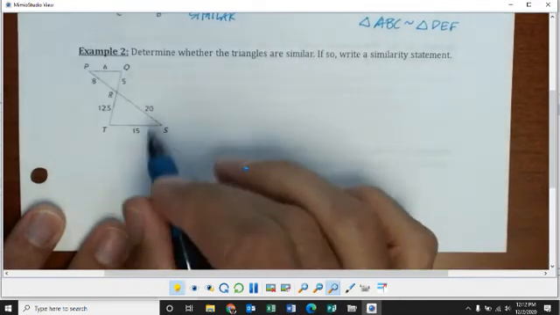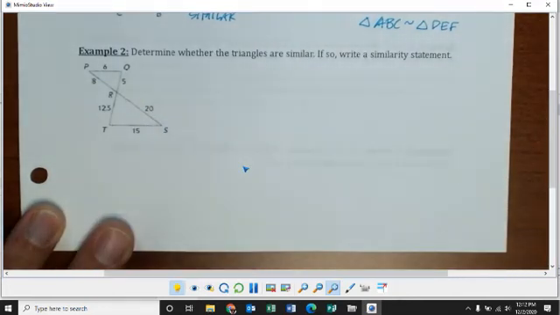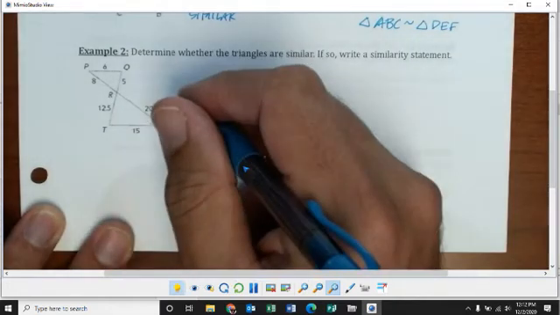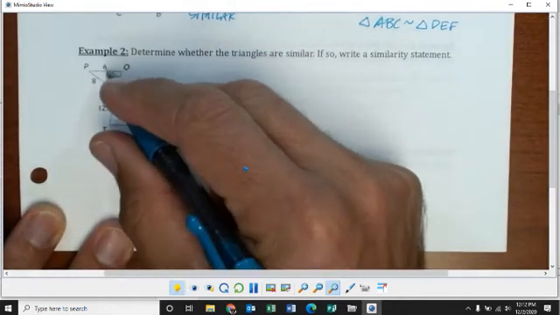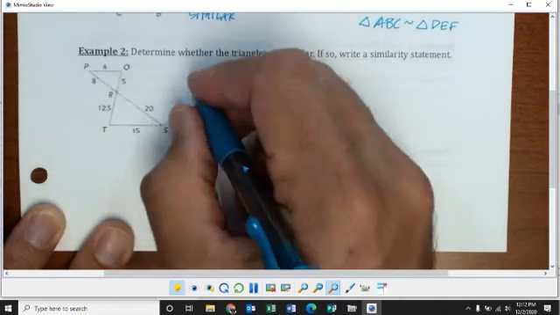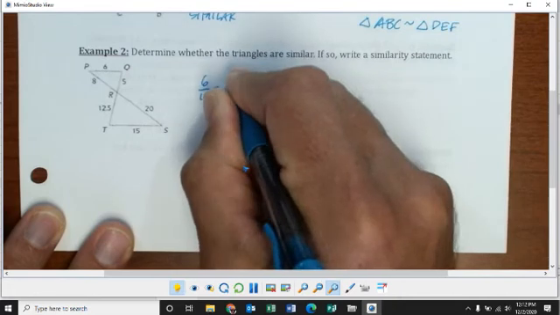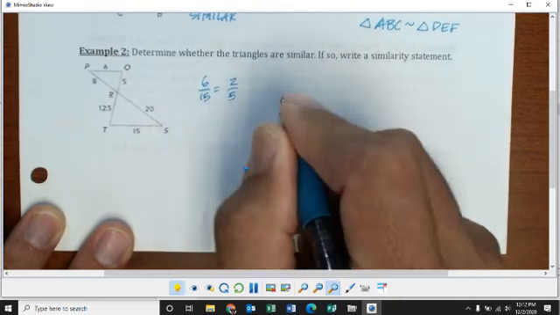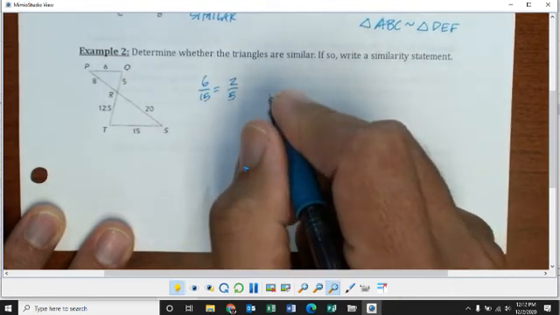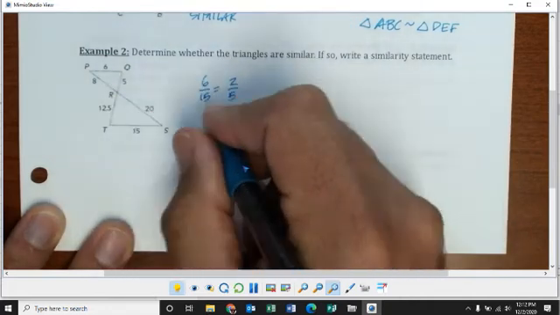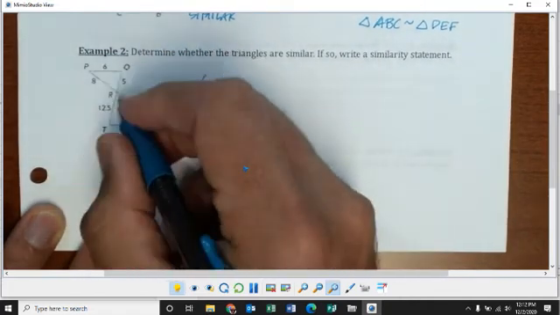Now, we're given all the side lengths here, so we have to figure out, are the sides proportional? Okay, so let's see. I'm going to look at 6 over 15. That reduces down to 2 over 5. So that's PQ and TS.